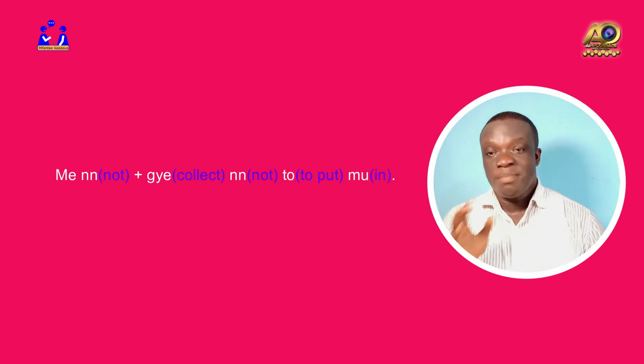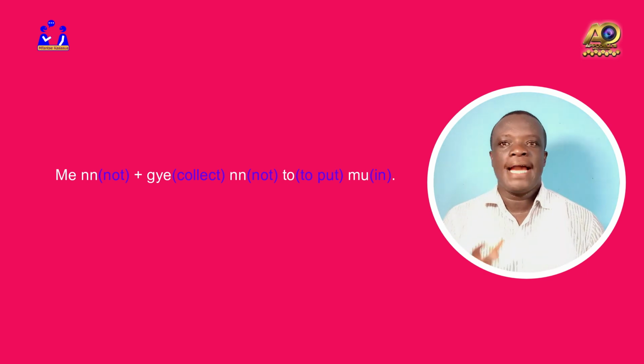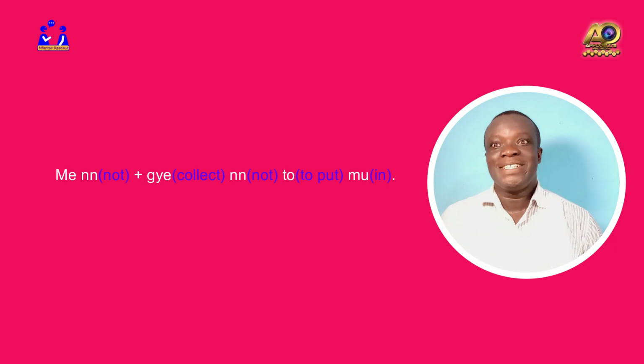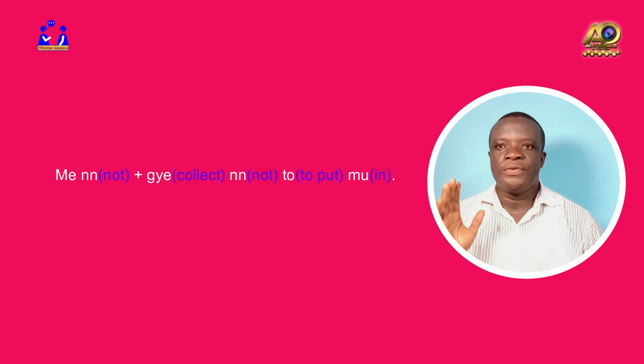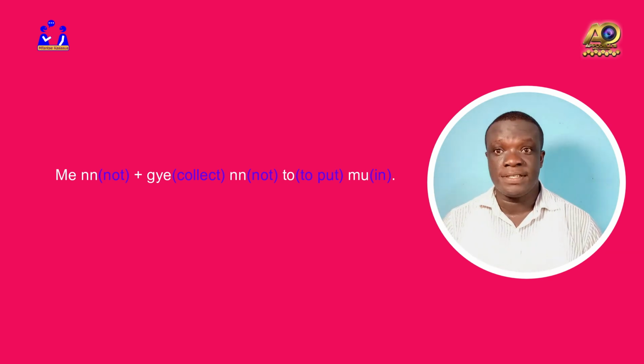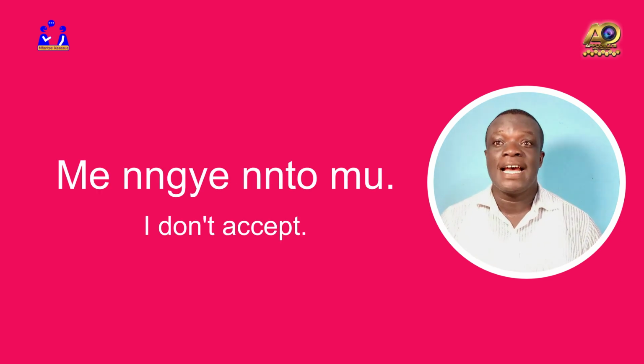So literally, Minjintumu is I don't collect and put in. That is the literal translation of Minjintumu. But the proper translation of this disagreement phrase, Minjintumu, is I don't accept.